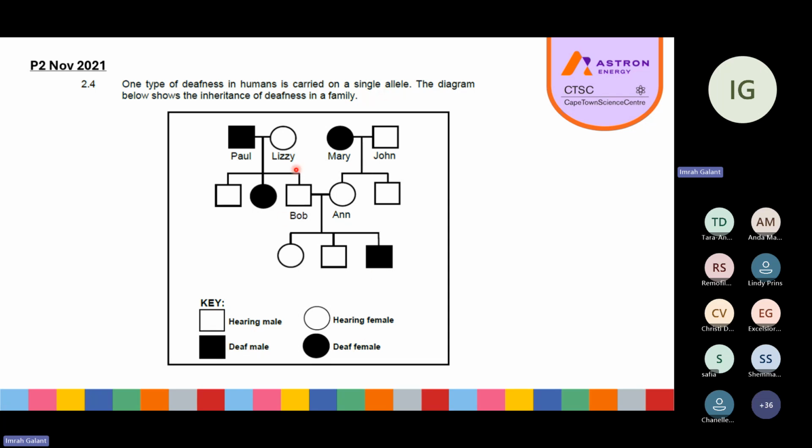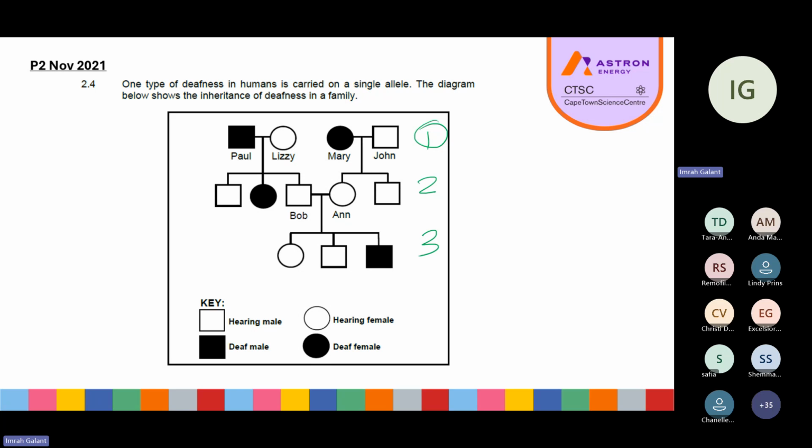So now before we move on to the questions, let's just look and analyze the diagram, because I like to have an idea of what I'm working with before I move on to the questions. So how many generations do we see here? We see one over here. This next set over here is the second generation. This third set over here, third generation.